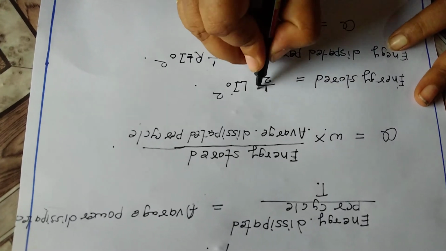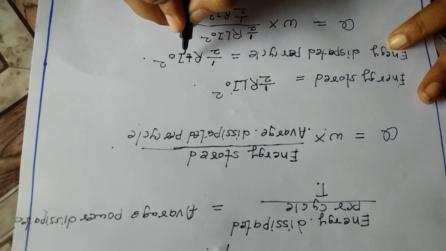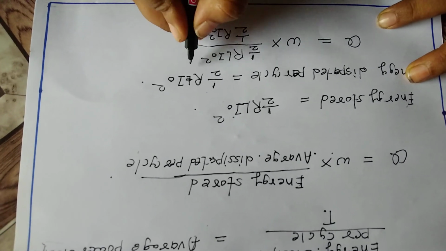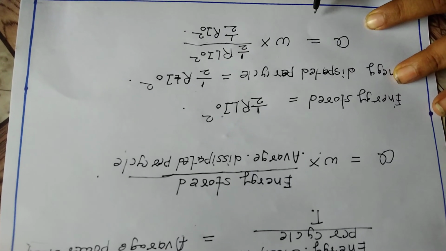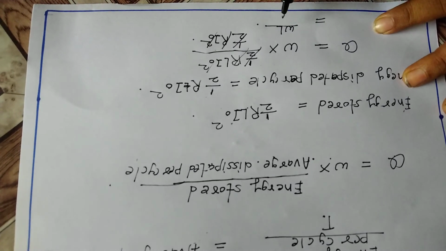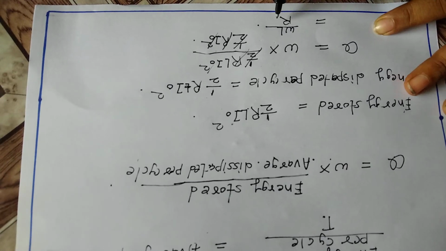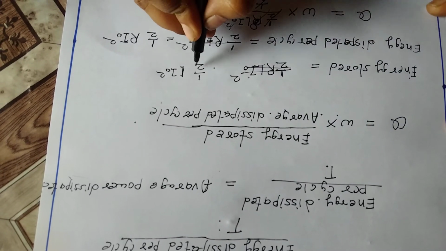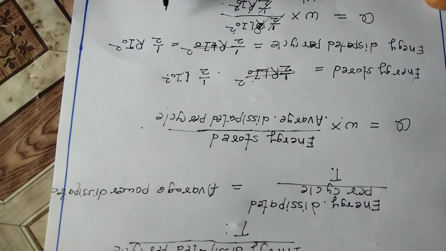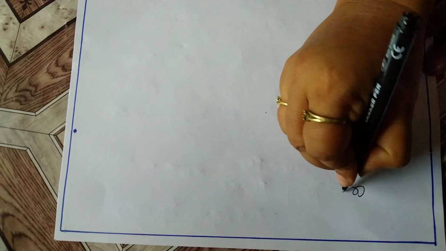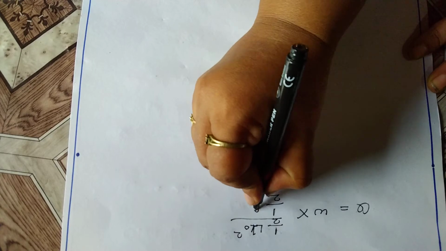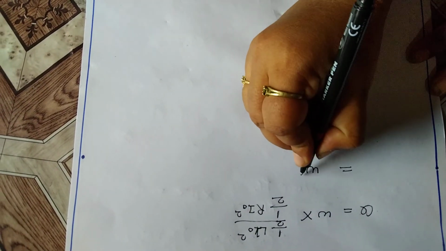Sorry, by mistake. So Q is equal to omega into 1/2 L I naught square divided by 1/2 R I naught square, which is equal to omega L divided by R.